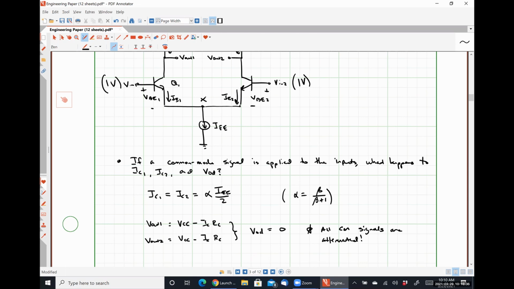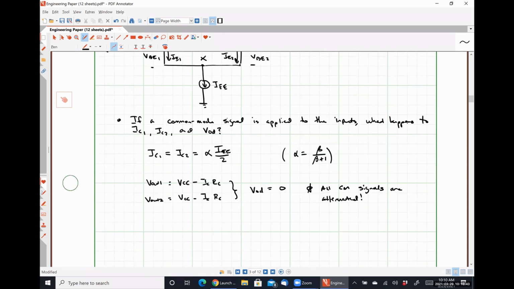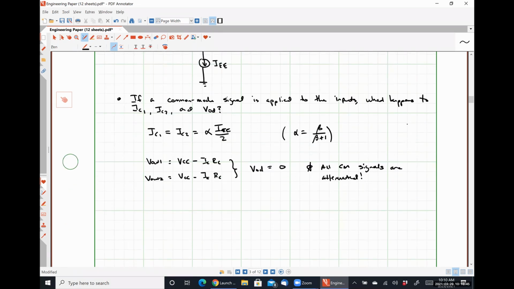Our restriction on all common mode signals being attenuated is true only if our common mode voltage, VCM, is less than or equal to VCC minus 1/2 alpha IEE RC.